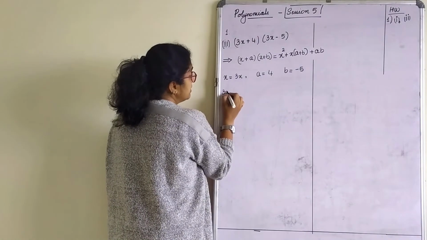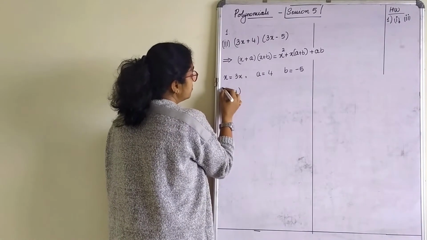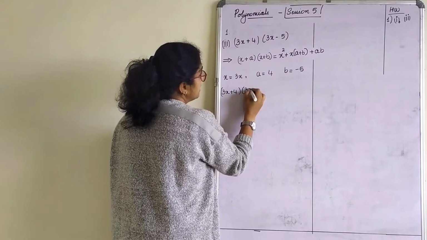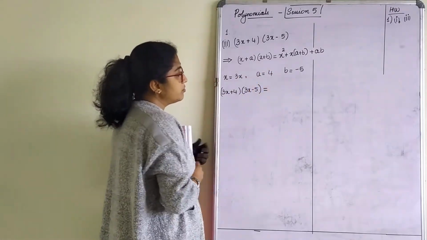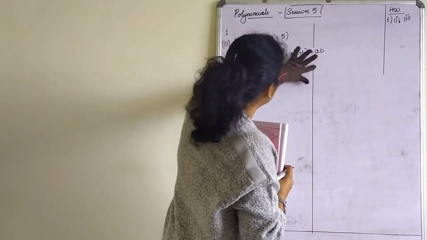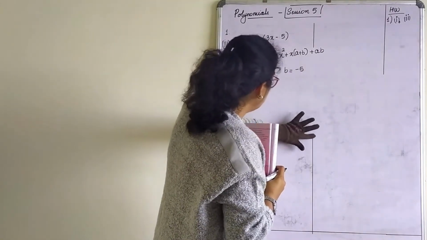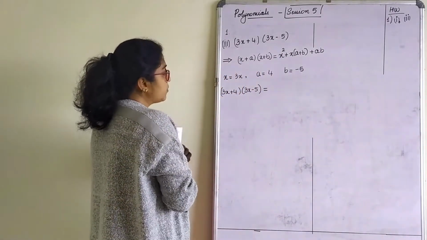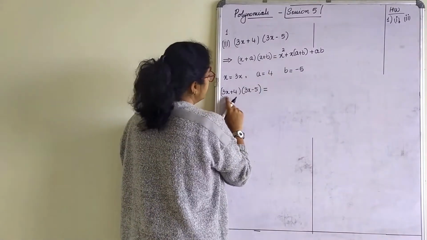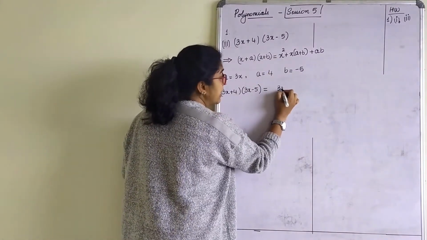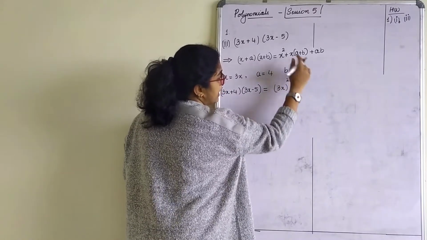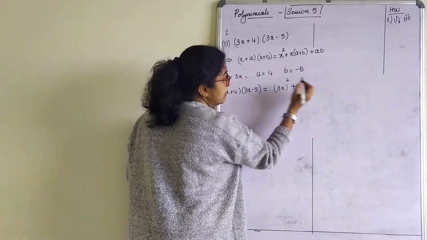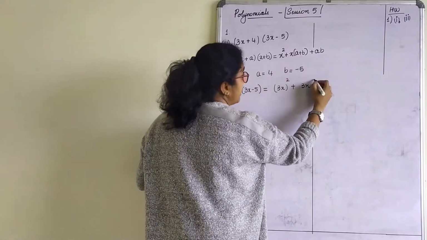Rewrite this: (3x + 4)(3x - 5) is equal to, I'll drop this line because I need to complete this sum, x square. x is 3x, so (3x) whole square plus x, that is 3x, times (a + b).